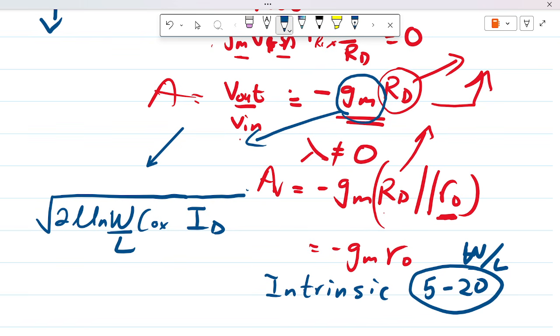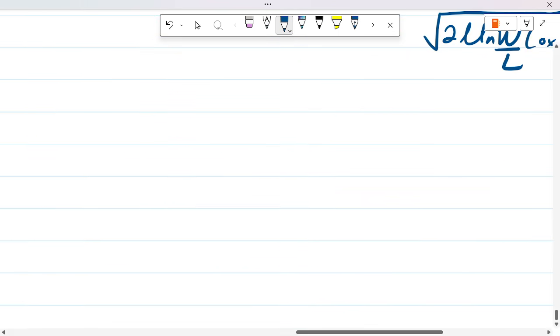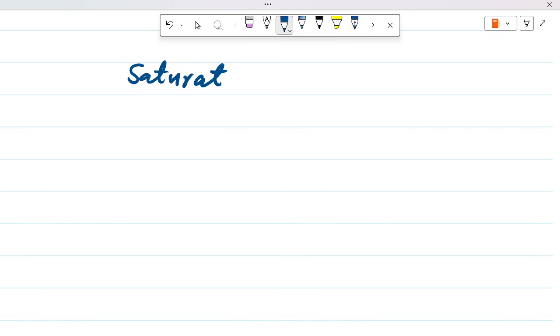So from this equation we could see that gm could be increased by increasing ID. Now let's see what happens if I increase ID. All along we know that for the device to operate as an amplifier, it should be in the saturation region. And what is the condition for the saturation region? I have my gate voltage here.